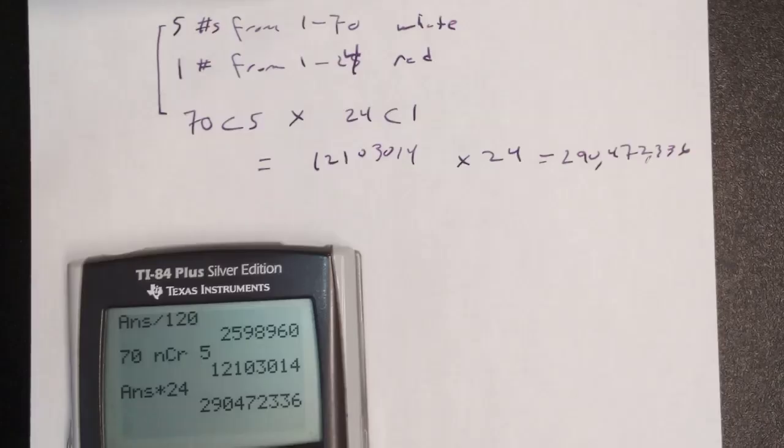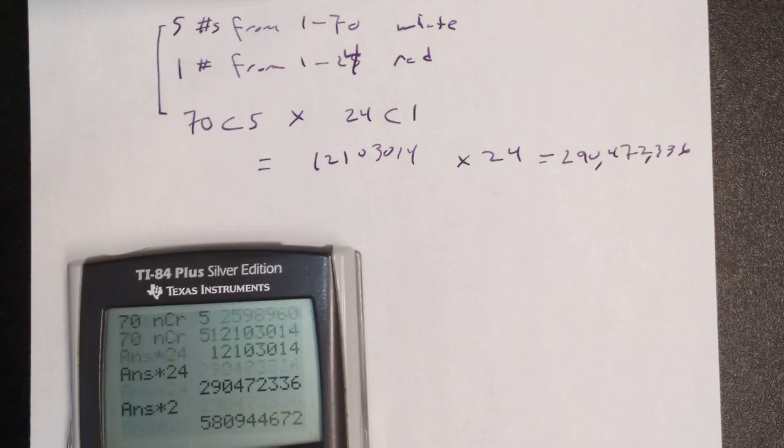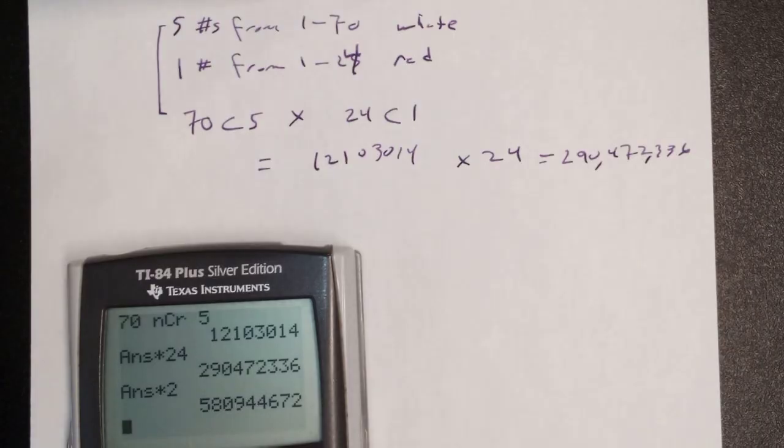Oh, you said $525 million? And tickets are $2 a pop, right? Multiply this number by 2. If I wanted to buy every possible ticket, it would cost me $580 million. I'd only be making 520. I'm losing money here. It's a bad idea.